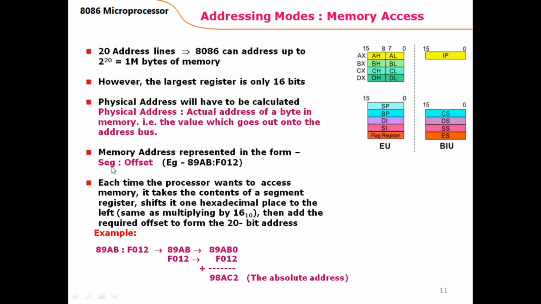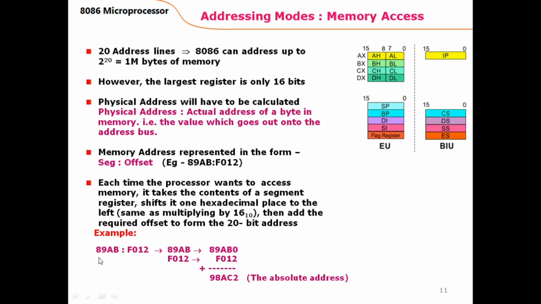So the 16-bit value in the segment register is left shifted by 1 hexadecimal place, and the offset value is added to this shifted segment number, which gives us the 20-bit physical address.